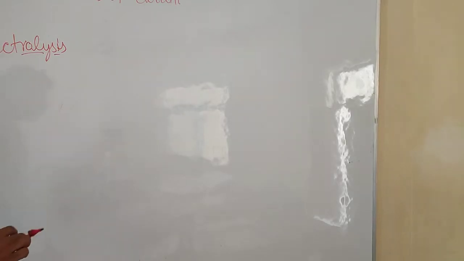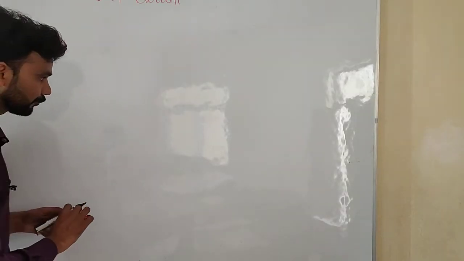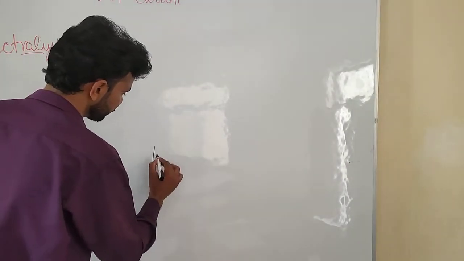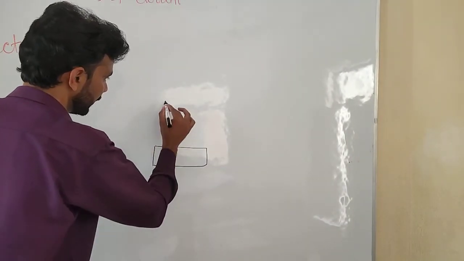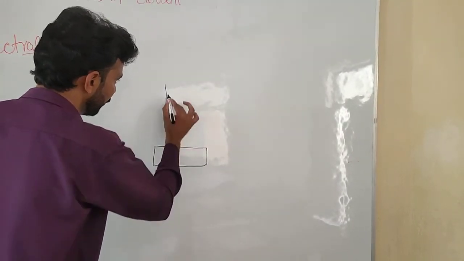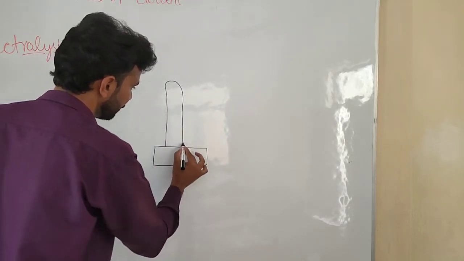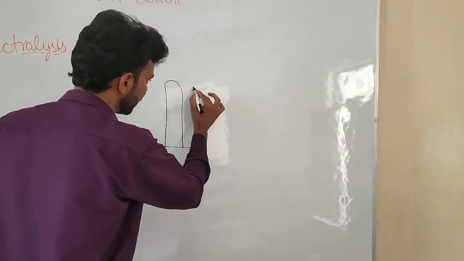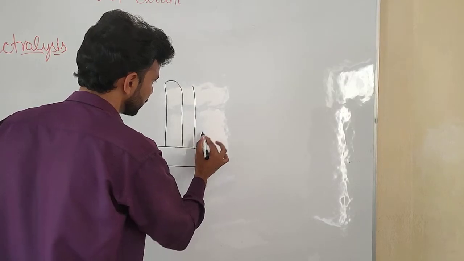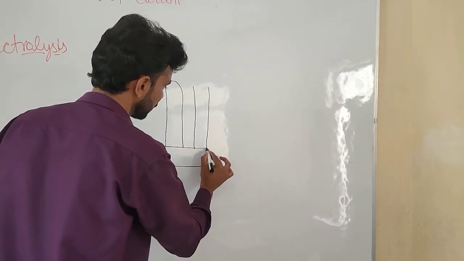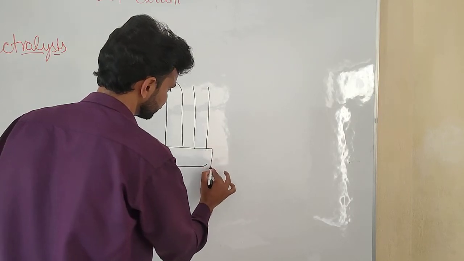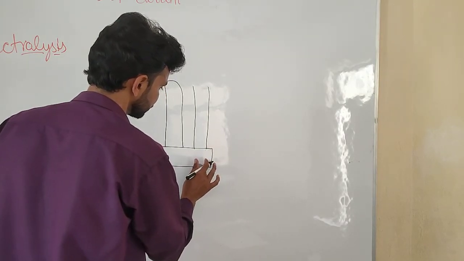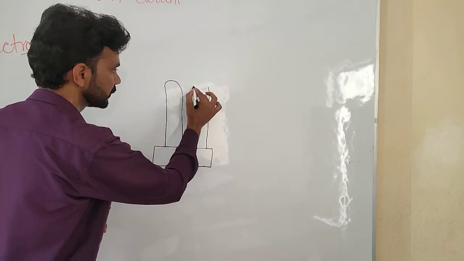Now we will discuss how this happens. For that I am drawing a diagram. We have a wooden block. At the top of the wooden block we have kept two inverted test tubes.